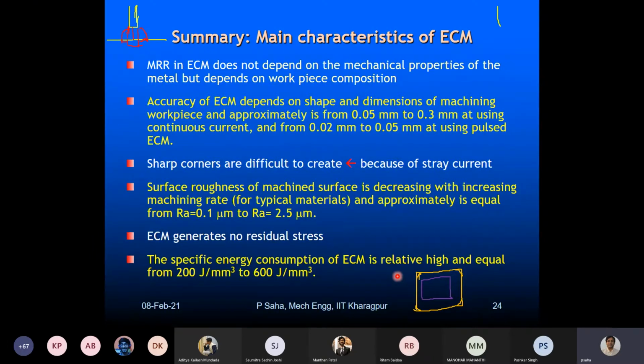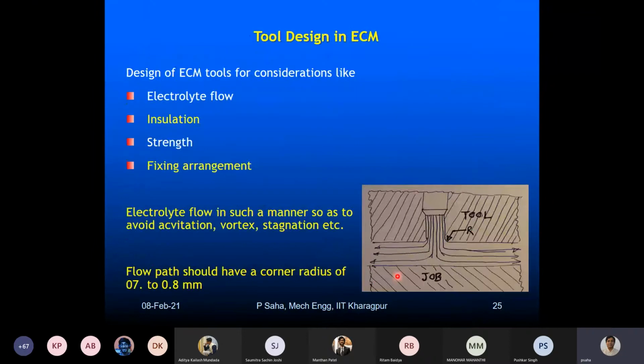Now friends, we'll see what the different criteria of tool design in ECM are. Tool design: because we know that whenever you want to make a job, the complementary shape has to be created on the tool.